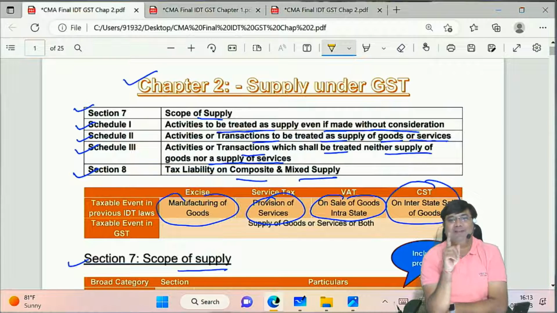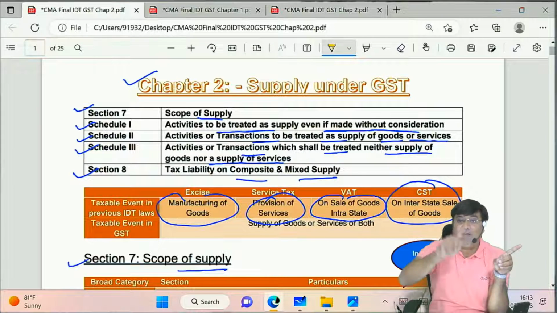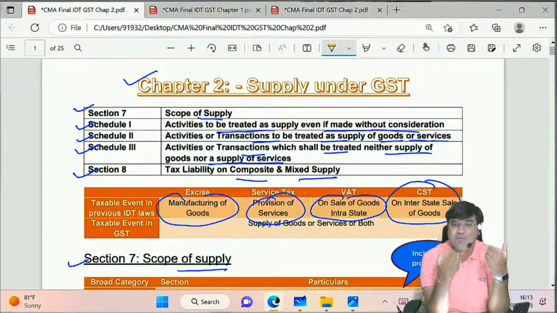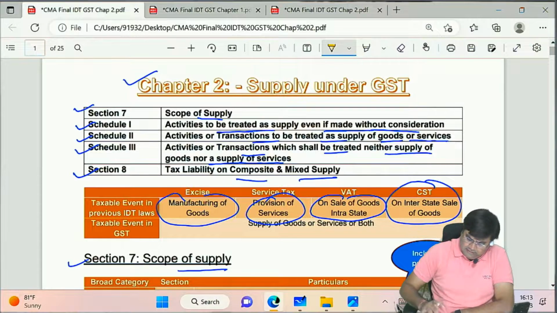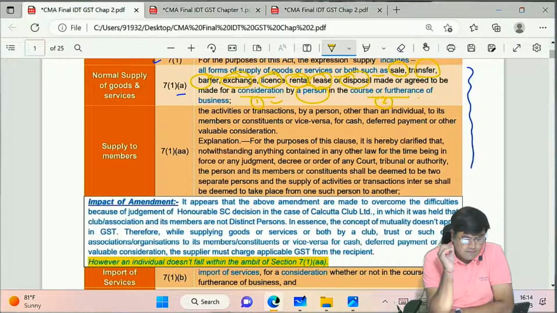I said to you people clearly that I am going to confuse you. Don't trust me. Trust the provision. Whatever I explain, trust that. When I ask you a question, I am going to misguide you. Only trust the provision. In Section 7 subsection 1 clause A, is it written that consideration should be adequate or sufficient?